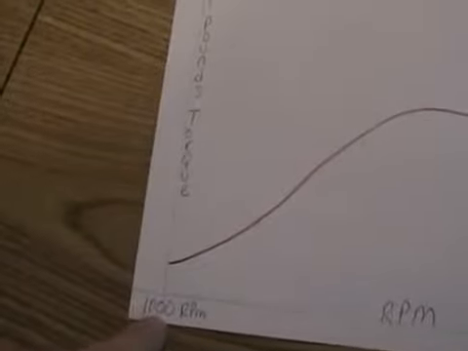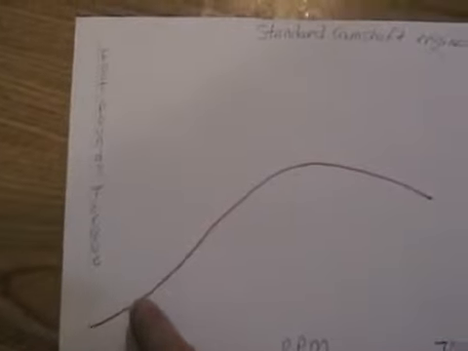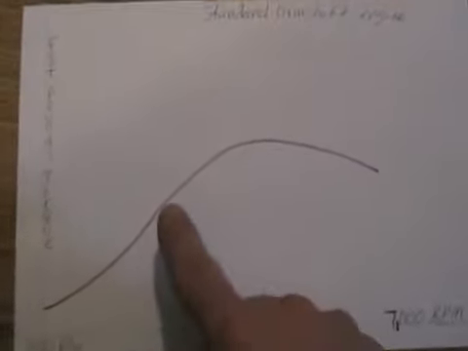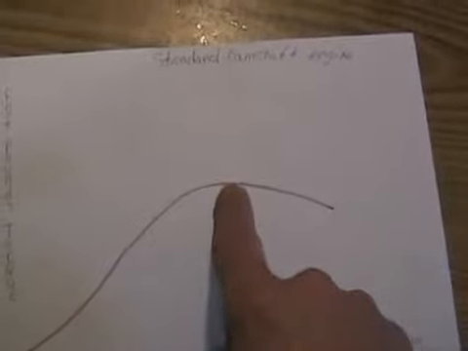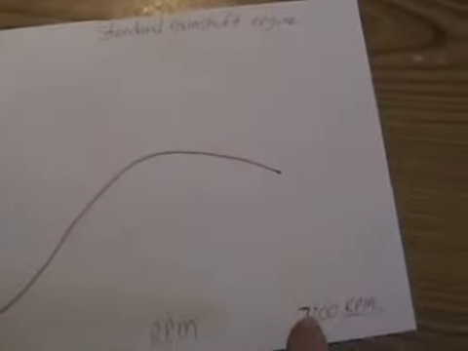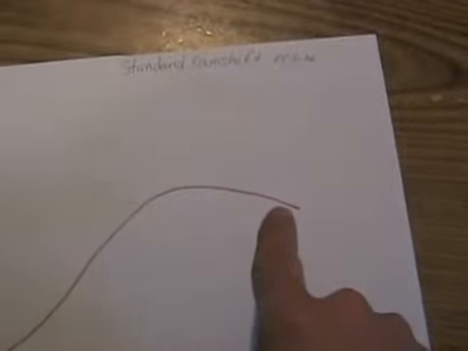So we have 7,000 RPM here, and we'll imagine idle is 1,000 RPM, and the height of the graph is foot-pounds of torque. So here we are starting from, say, an idle of around 1,000 RPM, and as we're accelerating the RPMs of the motor, torque is peaking at about 3,600 RPM, and if you speed the engine up faster than that, higher RPM, you lose some torque because of aerodynamic drag in the intake system, and you've lost some horsepower.